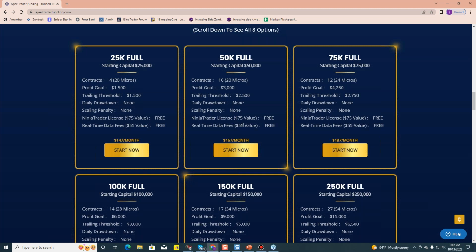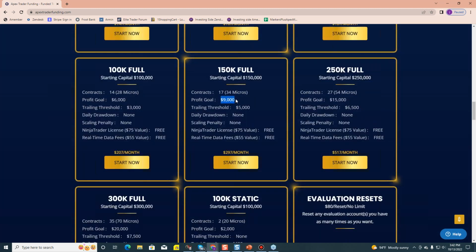What's the other reason you think people might hop on here and go for this one or this one? I only got to make 1,500, or I only got to make 3,000, compared to a 9,000 profit, 15,000 profit, 20. I don't want to have to. That's going to take too long, right?